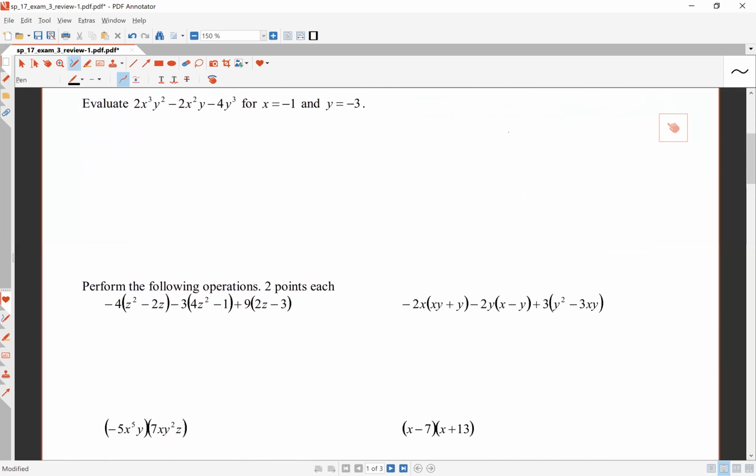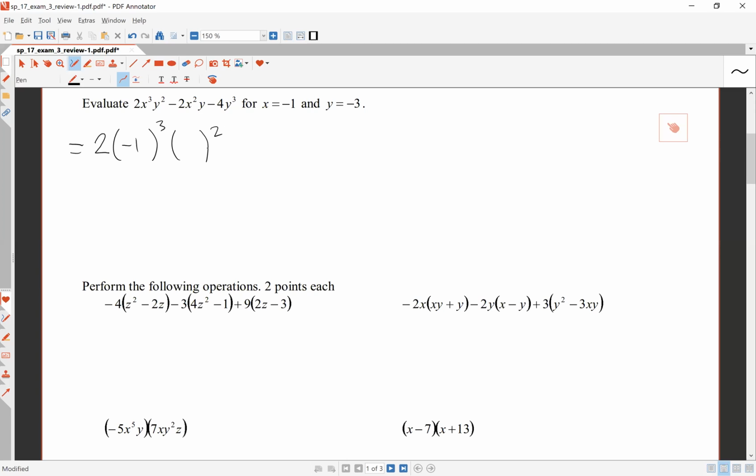Next problem. Evaluate 2x cubed y squared minus 2x squared y minus 4y cubed for x equal to -1 and y equal to -3. Go through and put parentheses where you see these variables.